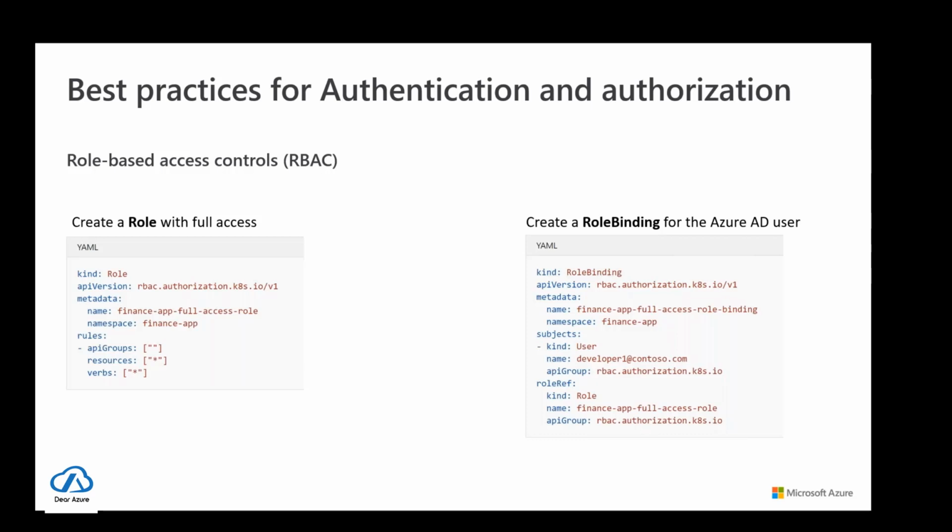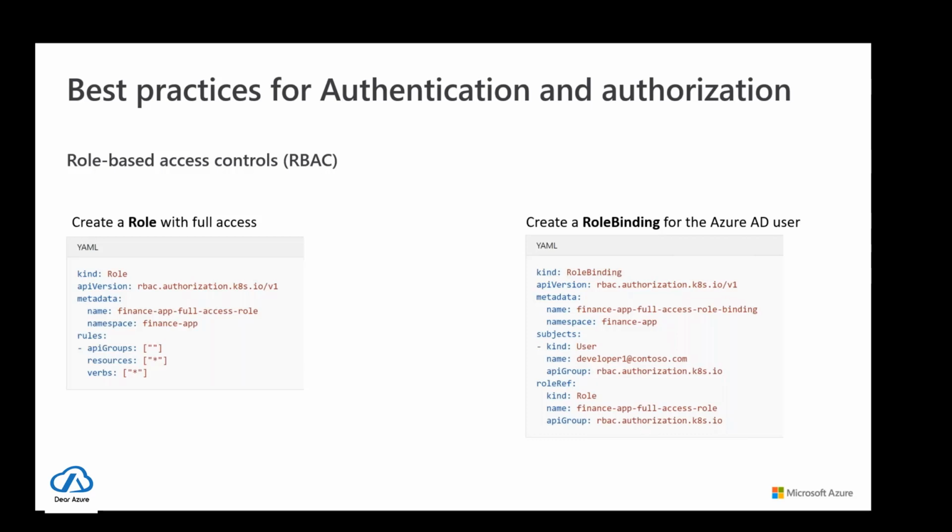So use RBAC, the role-based access control in Kubernetes, to define the permissions that users or groups have for all the resources defined in the cluster. And then create the bindings that assign permissions that are required to execute a specific action. Again, think always of the least amount of permissions required.